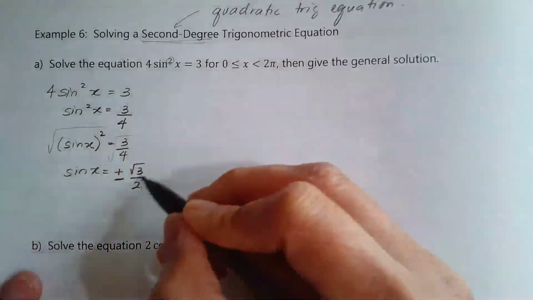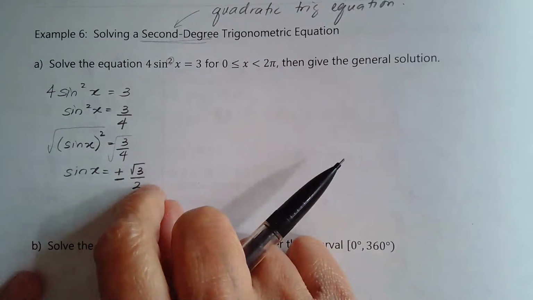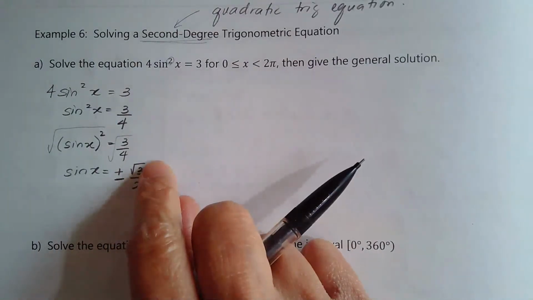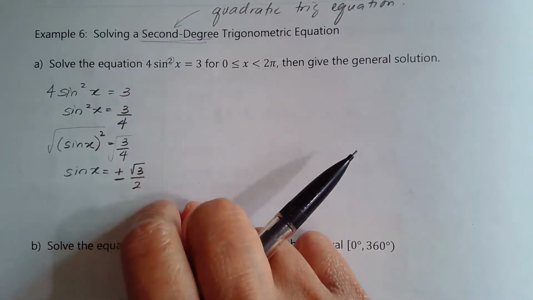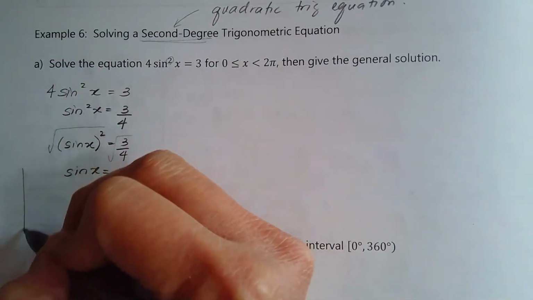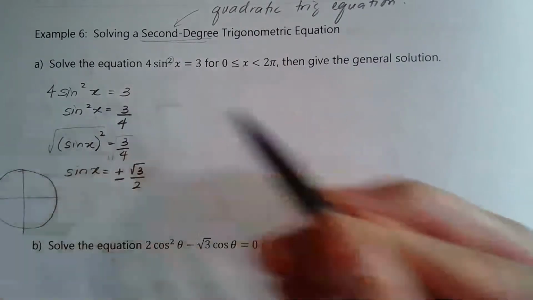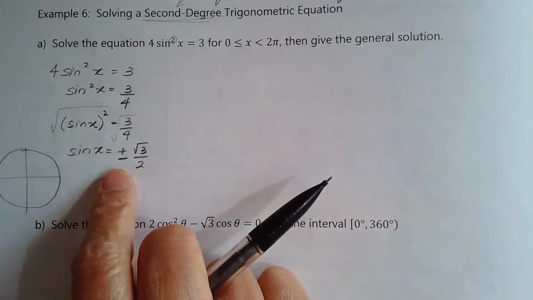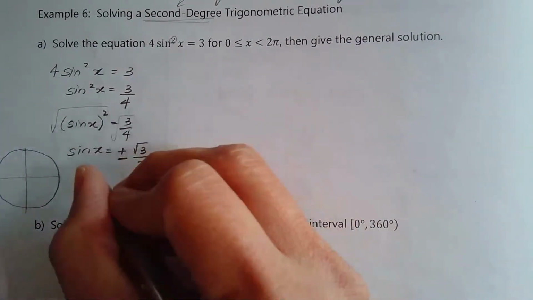Now you see root 3 over 2, you're probably thinking, I recognize that as a special angle. So where is sine of x positive root 3 over 2 or negative root 3 over 2? We have to consider both. I'm going to draw the unit circle, because I like the visual part of it. We have to solve for where sine is positive root 3 over 2. So two possible solutions.